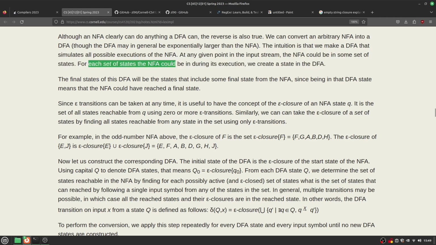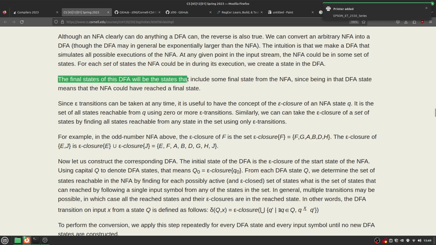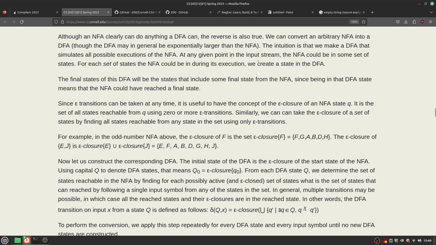For each set of states the NFA could be in during its execution, we create a state in the DFA. The final states of this DFA will be the states that include some final state from the NFA, since being in that DFA state means that the NFA could have reached a final state.